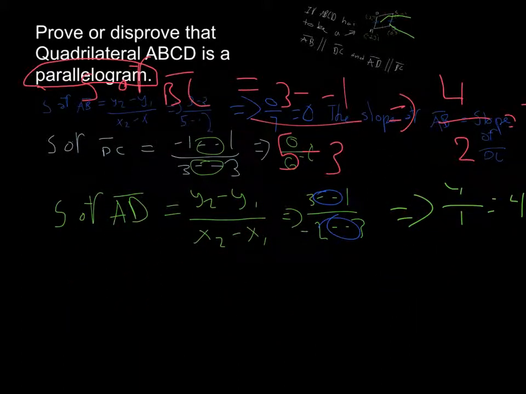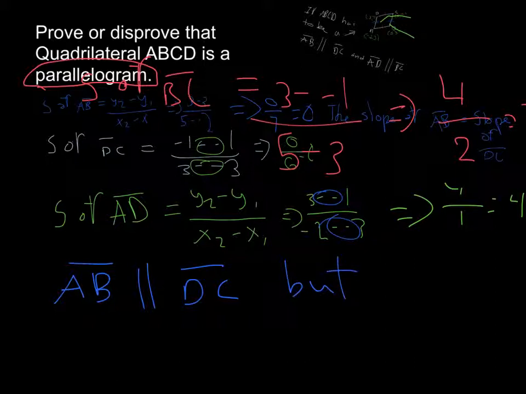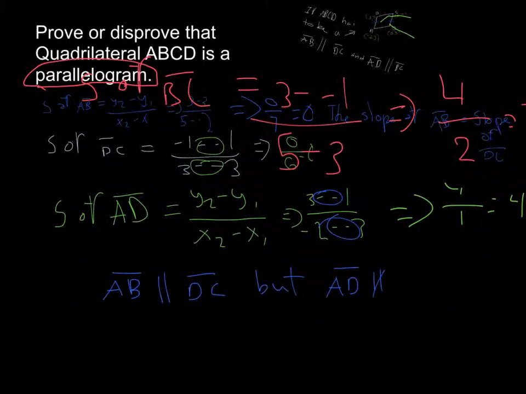Since we know that line segment AB is parallel to line segment DC, but line segment AD is not parallel to line segment BC, I disprove.